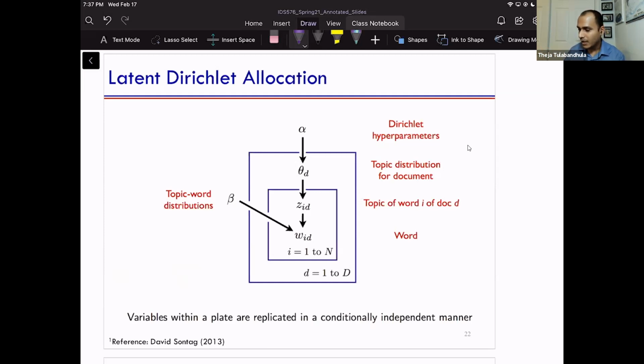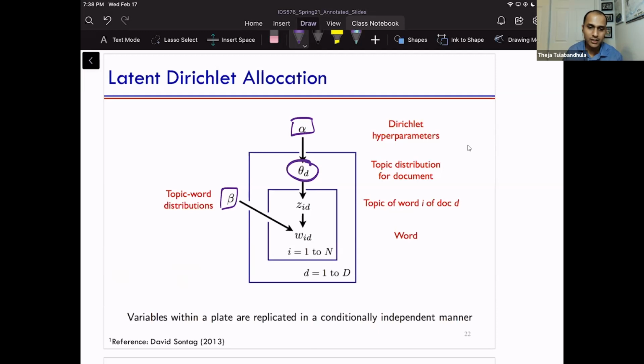So here's just a recap. The way the variables are related is that alphas are outside this box, so they are not random variables. Let me just put squares around them to say that they're parameters. Given alphas, you can get this random variable theta for each document.